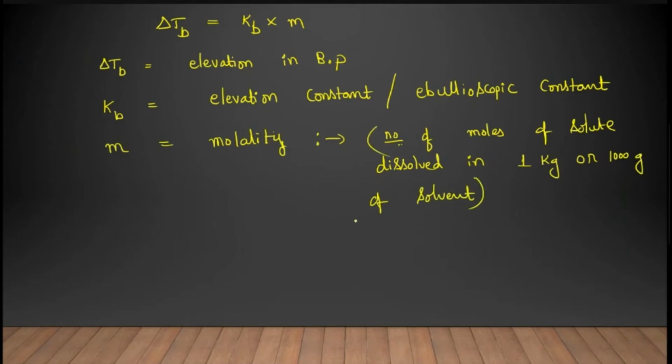Okay, so that is the definition for molality. So the unit for KB, that is ebullioscopic constant, is Kelvin kg per mole. Okay, this is about the formula.